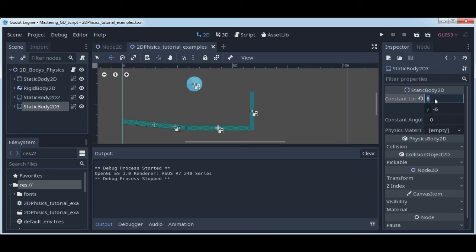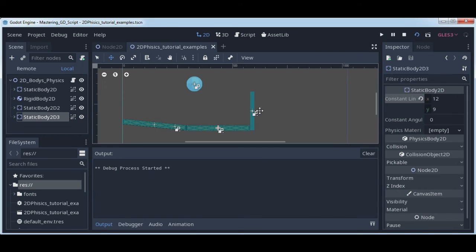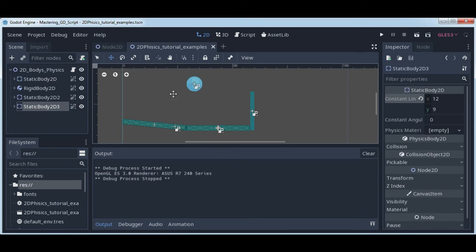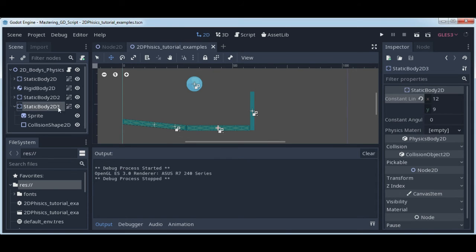We will make a little bit more on x, and on y we will give it positive. Now we have some movement. This is constant linear velocity influencing here.